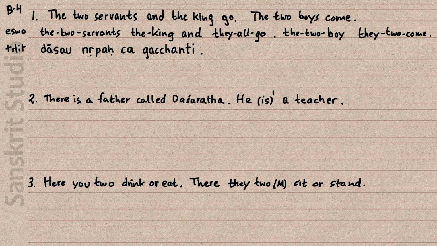So if a Sanskrit grammarian talks about the first person, he means the third person, and vice versa. So you have to flip. So I'm just clarifying that with the grammar terms here. I'm talking about he, she, it when I'm talking about third person. So dasau nripaha cha gacchanti.